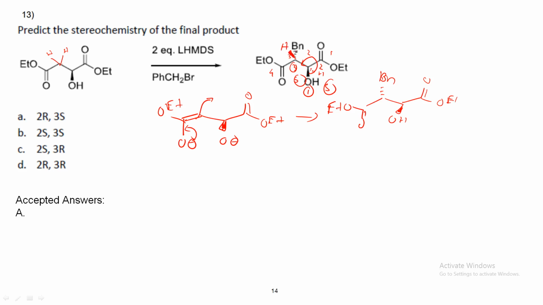Now this versus this should win, and this. So now this priority would be higher than this. So this way, but the lowest priority group, hydrogen, is above, so it would be up. So it is, sorry, 2R, 3S. Here it is.